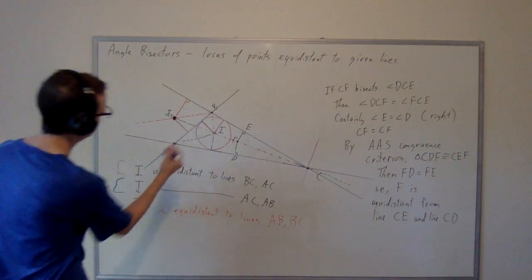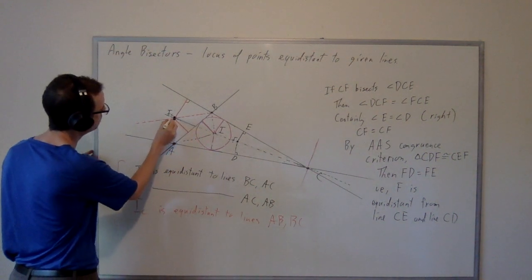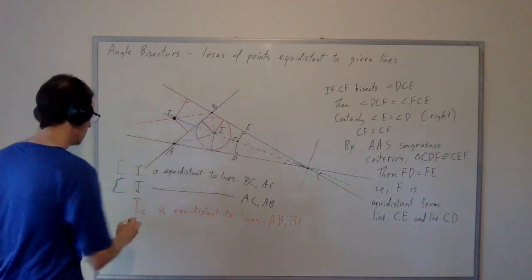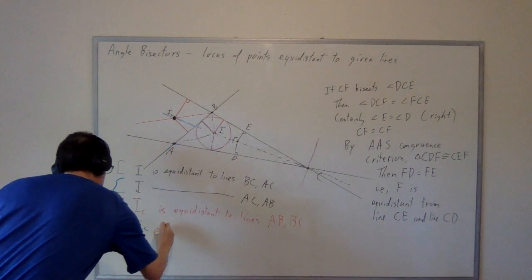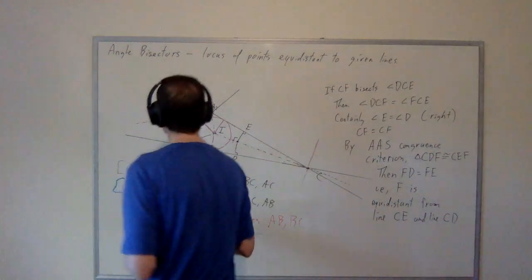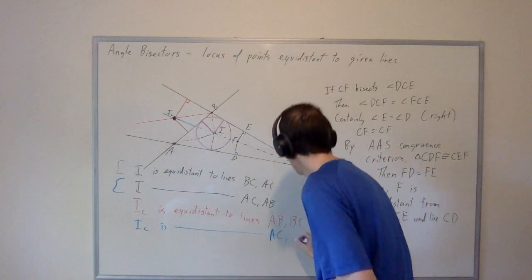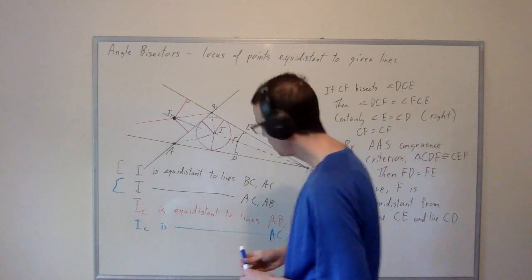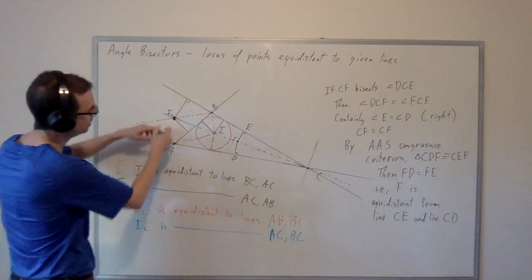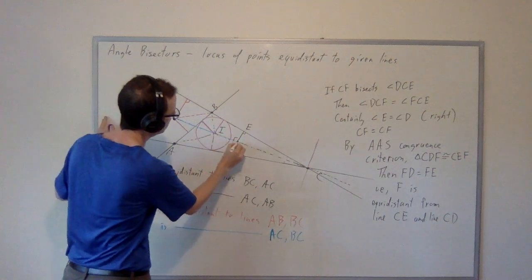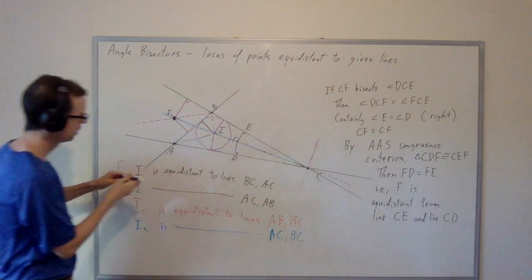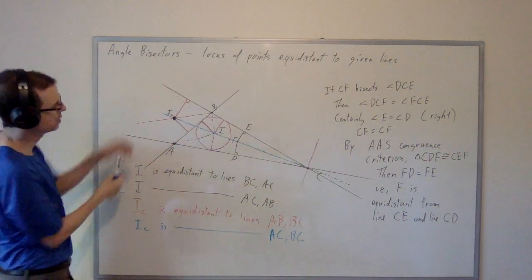But if we think of this as being another reason, we can also see that that point of intersection is equidistant to lines AC and BC, because on the grounds that IC is on this angle bisector as well, it's equidistant from these two lines.